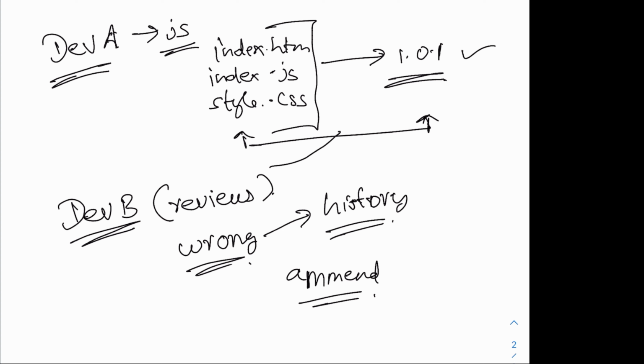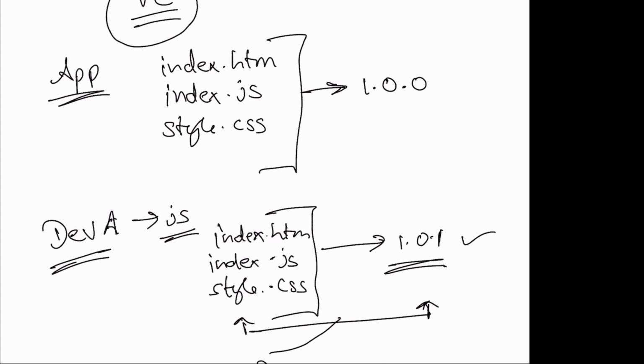Now since we have the version control system in place, we will have a track of the entire history. Right now the current code base, the head, is at 1.0.1.